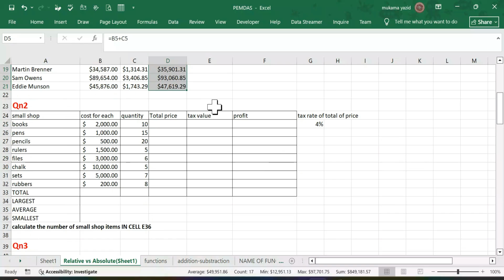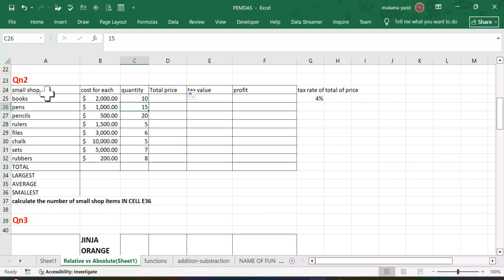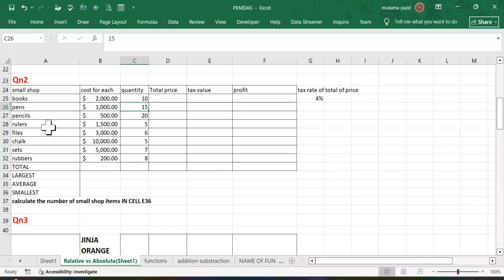That is it. Then another question: cost of each quantity, total price, tax value, profit. The tax rate is 4% of the total. These are items: books, chalks, pens.